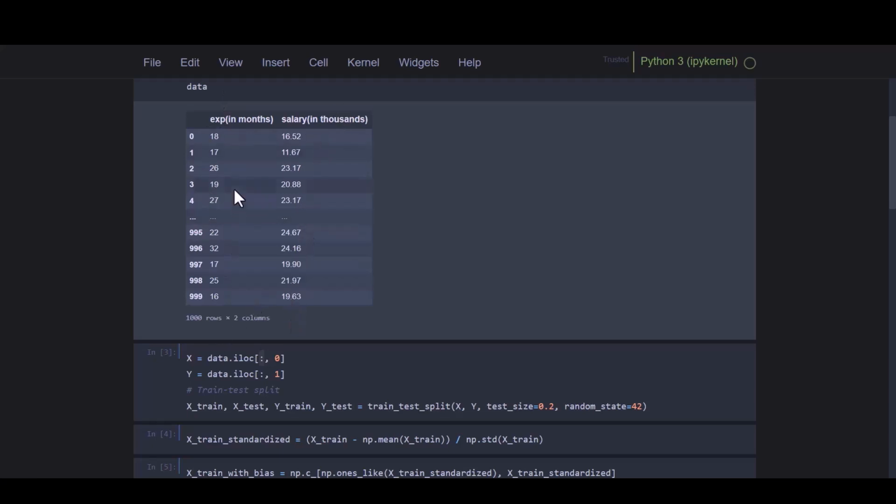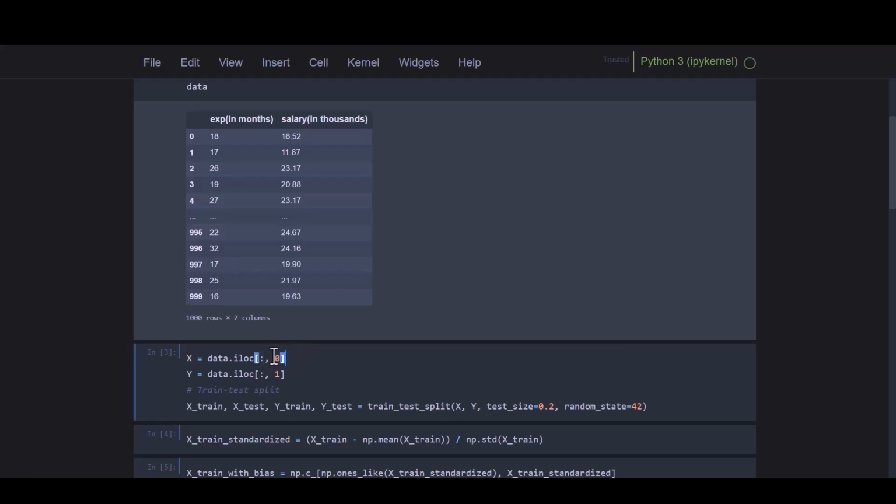I'm going to assign all the records of experience to variable X and all the records of salary to variable Y. I will be using iloc for this. iloc is a function defined in Pandas that helps us select a specific row or column from the data set. Here, iloc can easily retrieve any particular value from a row or column using index values alone.